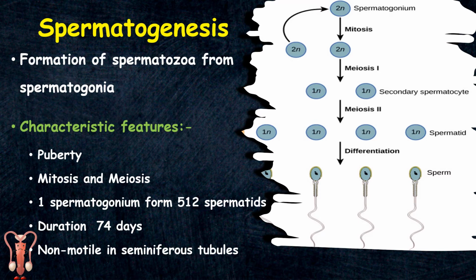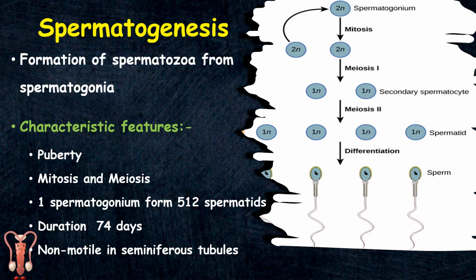Spermatogenesis does not occur simultaneously in all parts of the testis. At any one moment, some areas of the seminiferous tubules are active, while other areas are in a resting state. In humans, it takes an average of 74 days to form a mature sperm from a spermatogonium.